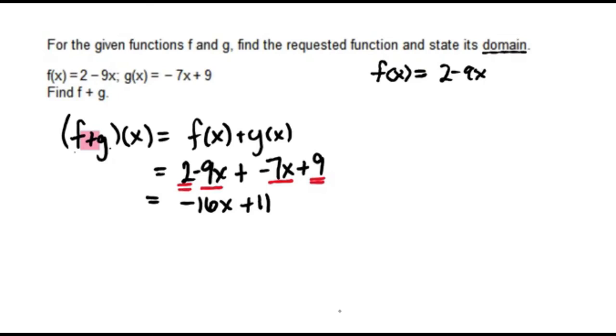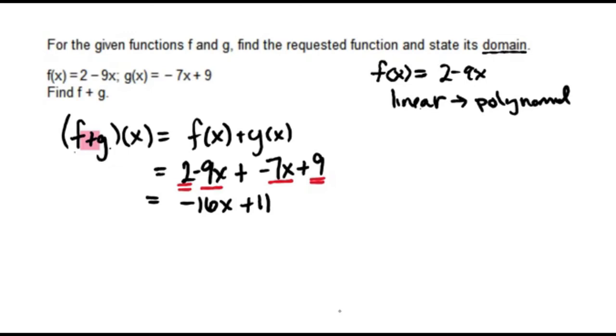And as we look at this function, it looks like it doesn't have any restrictions. And what I mean by that is that there are no variables in the denominator, no variables underneath a radical. And this function, more specifically, is a linear function, which is a type of polynomial function.